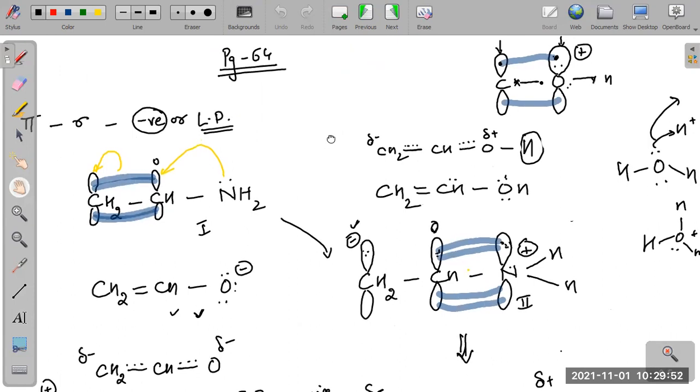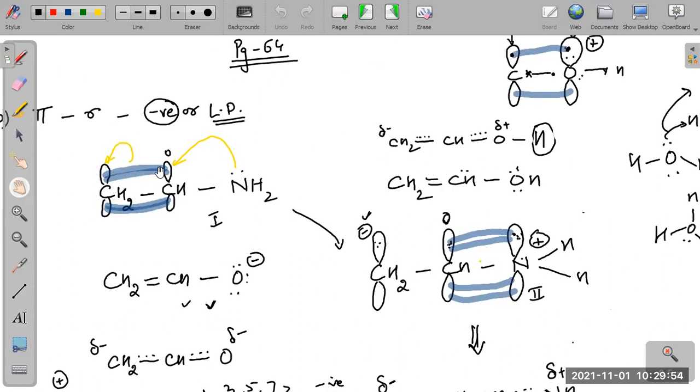Okay. In this, like this is a double bond. The double bond is partially sitting on one of the orbitals. This is being created as the second orbital. The lone pair of nitrogen is then coming into this to form a double bond, creating a negative charge over here and a positive charge on this nitrogen.